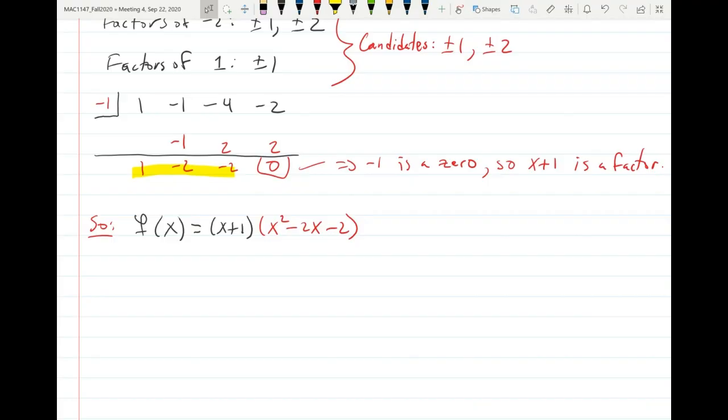I'm going to use the quadratic equation because it doesn't look like 2 or -2 are going to do the job. Let's see, we plug in 2. Yeah, no, that's not going to happen. If you plug in 2, you get -2. If you plug in -2, you're going to get 6.